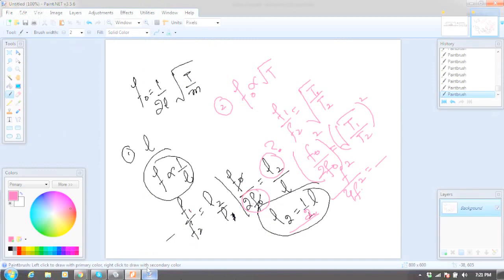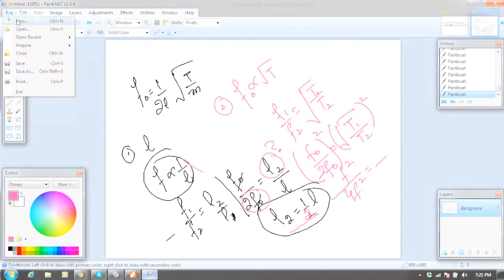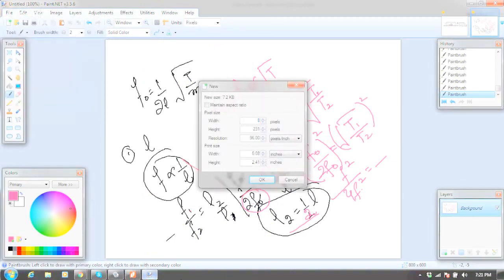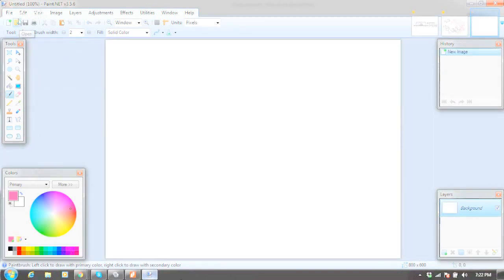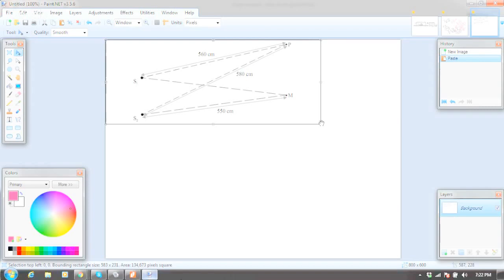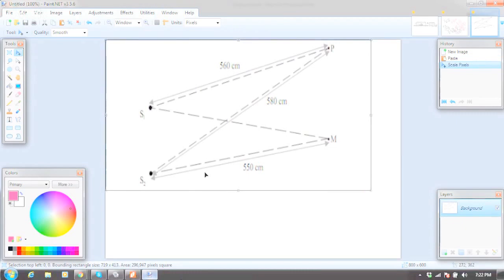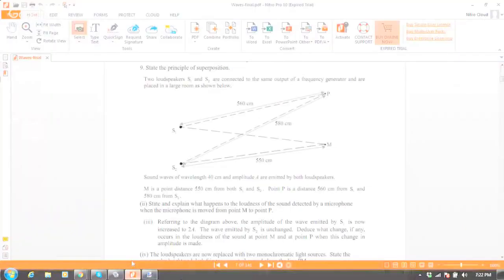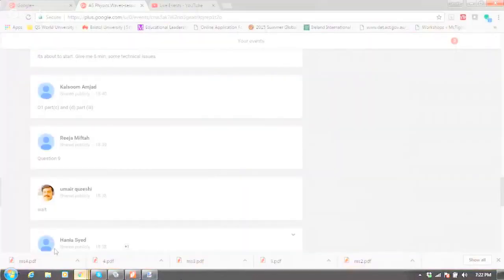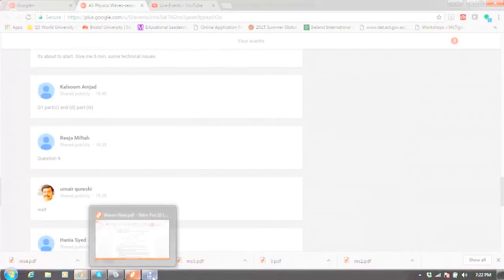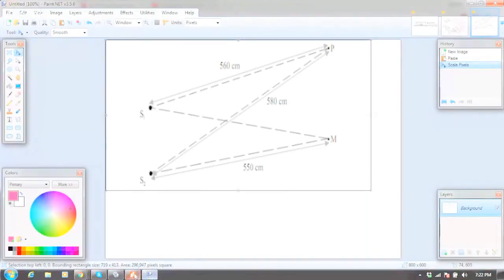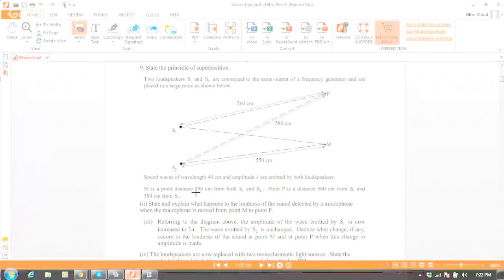Okay, here's the diagram of question number 9. Something like this. All right. Question number 9 has no parts, the whole question is asked together. So question number 9 says that here's the diagram. M is the point distance. All the distances are given.